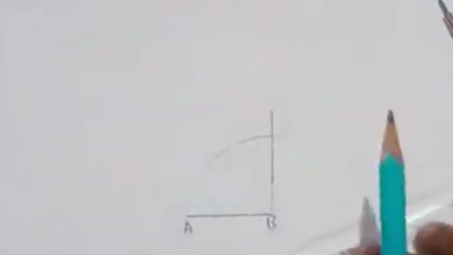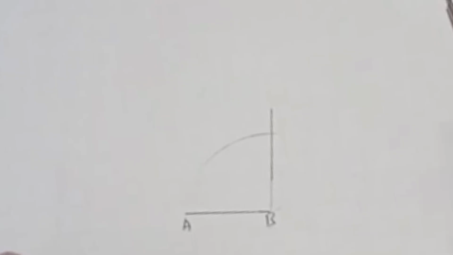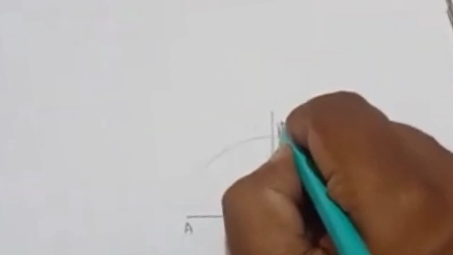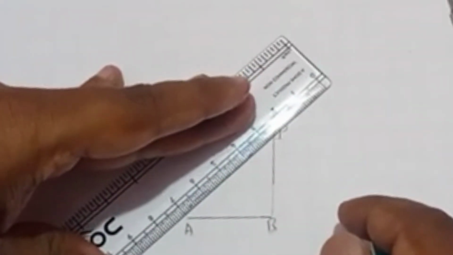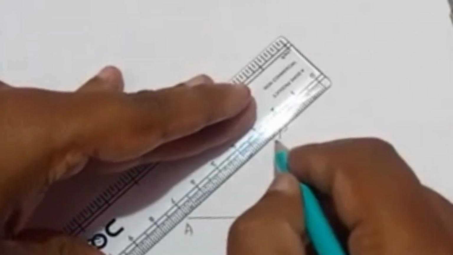Consider this point as P. Now you join E and P with a straight line.